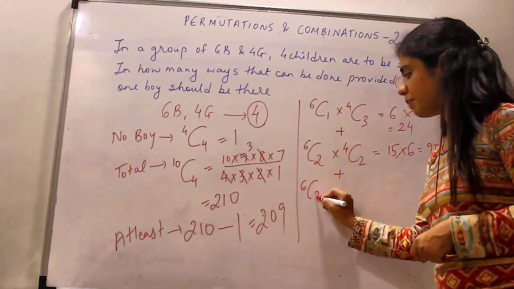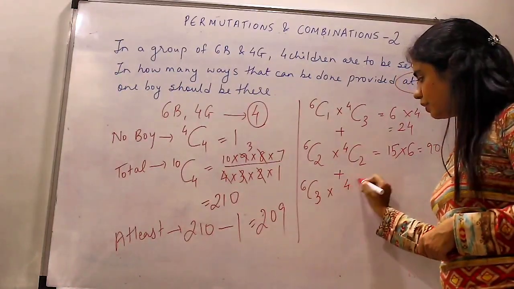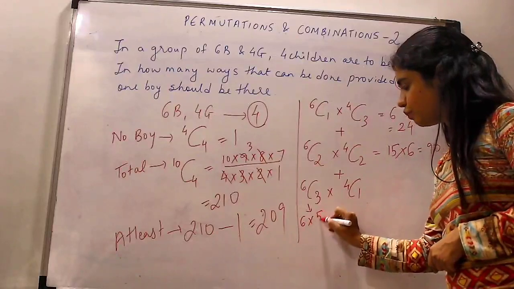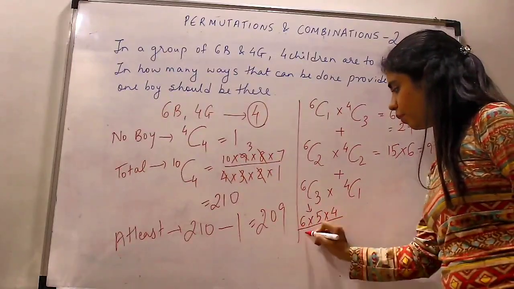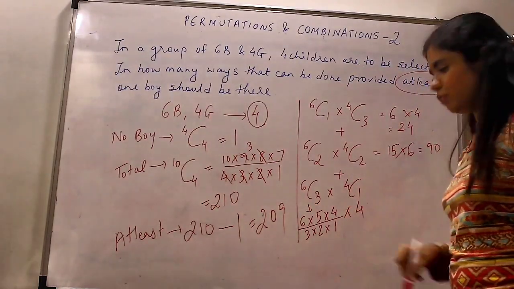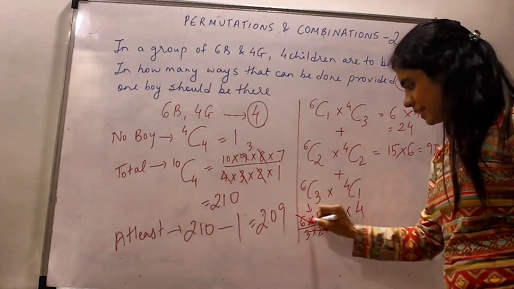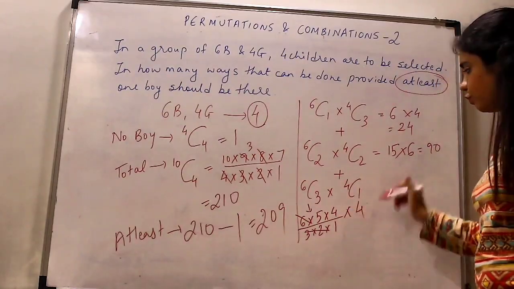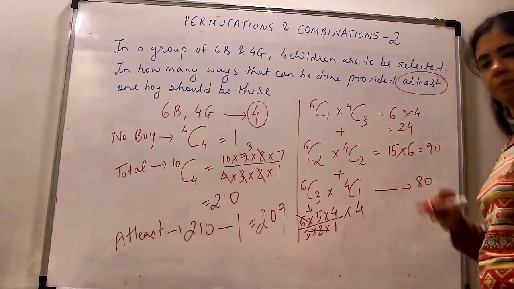Or I can have another case. Out of the 6 boys, I pick 3. Out of the 4 girls, I pick 1. So 6C3 will be 6 into 5 into 4 upon 3 into 2 into 1, into 4C1 is 4. So your 6 will get cancelled. 5 4s are 20. 20 into 4 is 80.